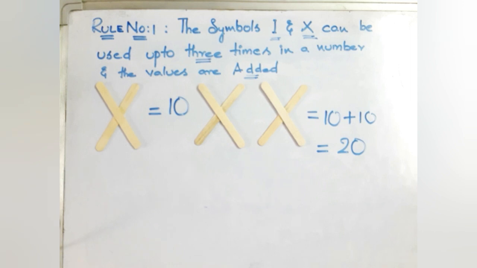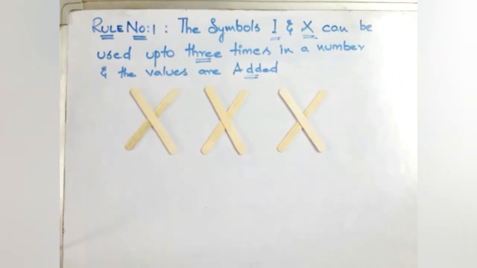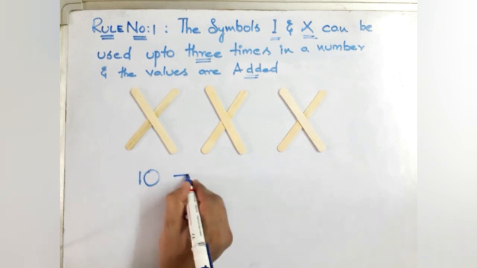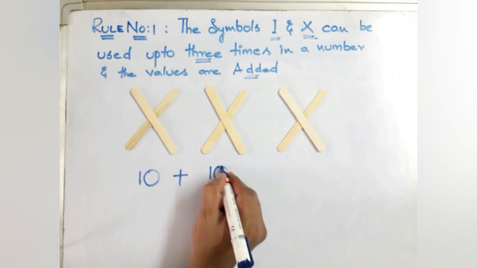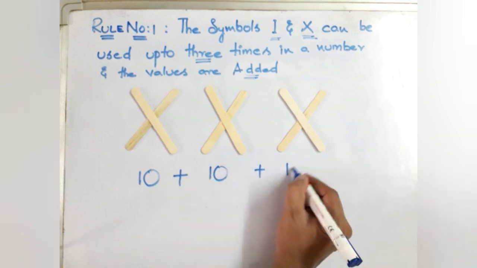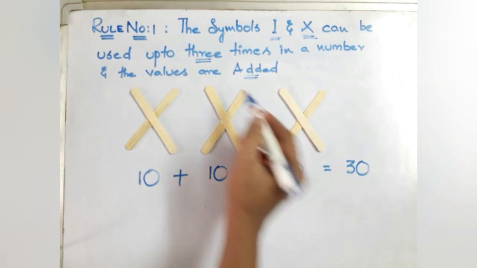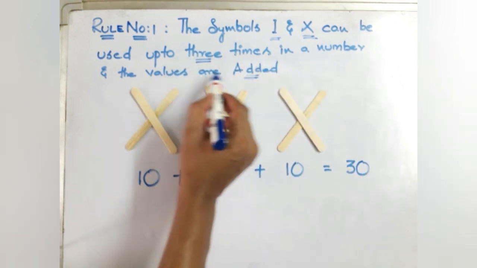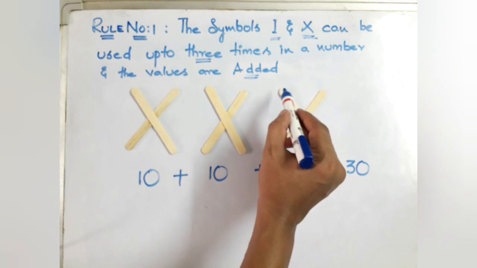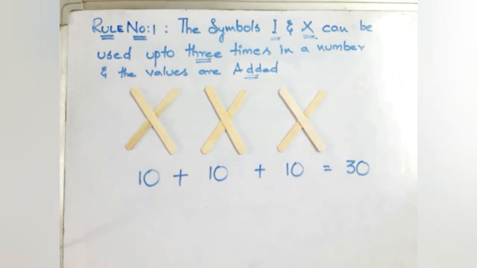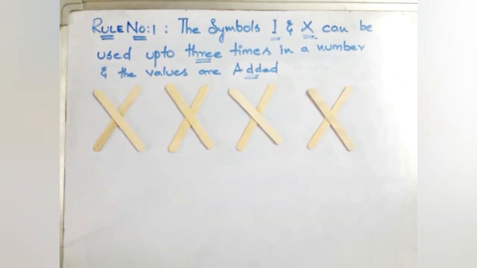Now, if I put 3 X's like this, you will write the answer as 10 plus 10 plus 10, that is equal to 30. See, we are done with 3 times, and upon adding the respective values of the individual symbols, we got the number 30. Then let us see if we can write like this or not.